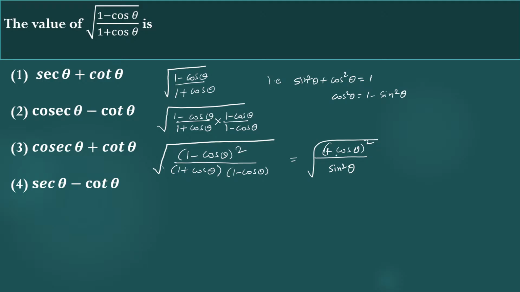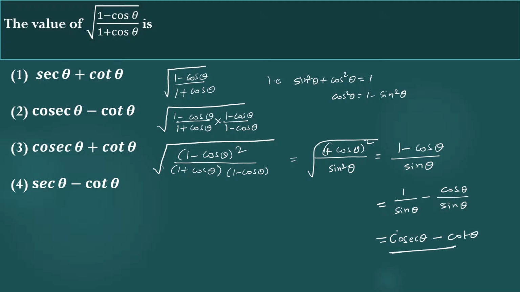So the square root gets cancelled and we can write 1 minus cos theta by sin theta, which is 1 by sin theta minus cos theta by sin theta. 1 by sin theta is cosecant theta, minus cos theta by sin theta is cot theta.